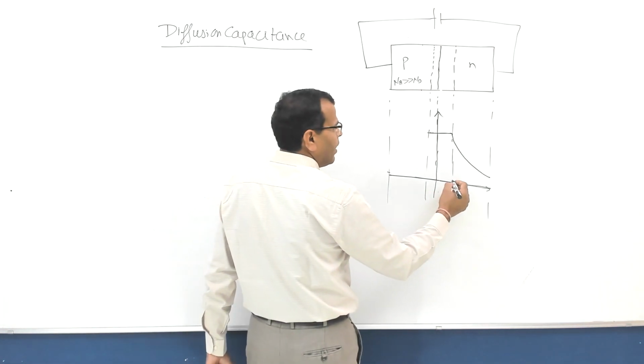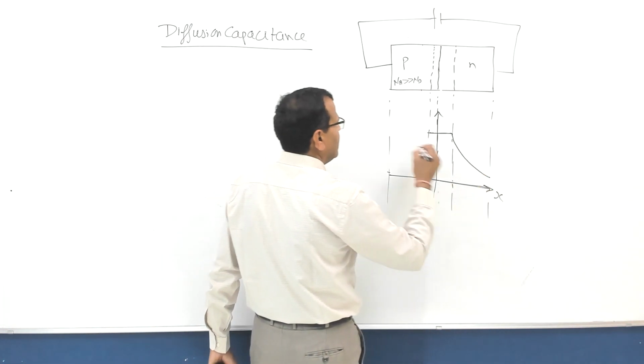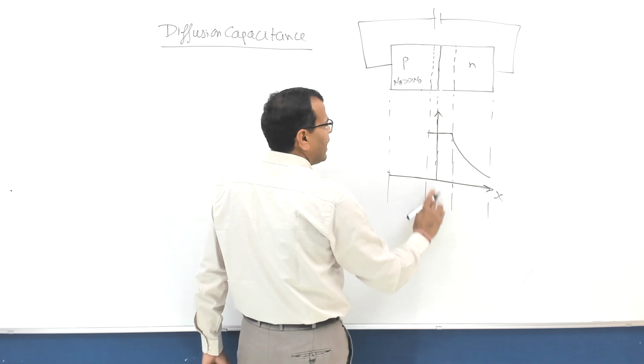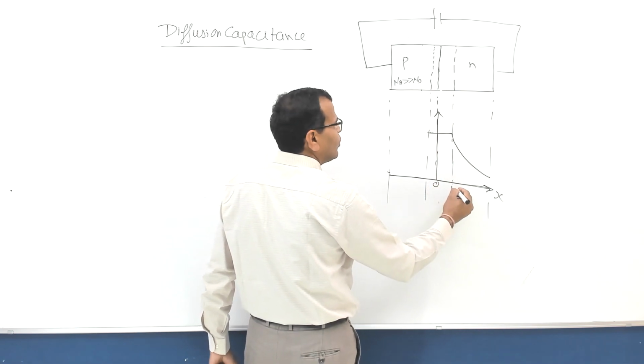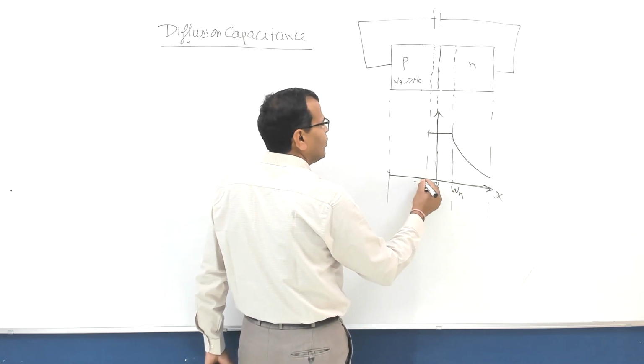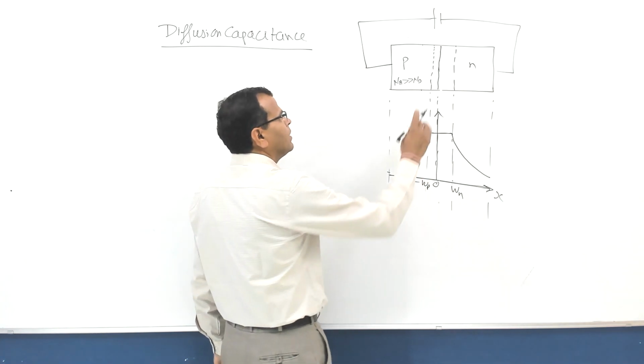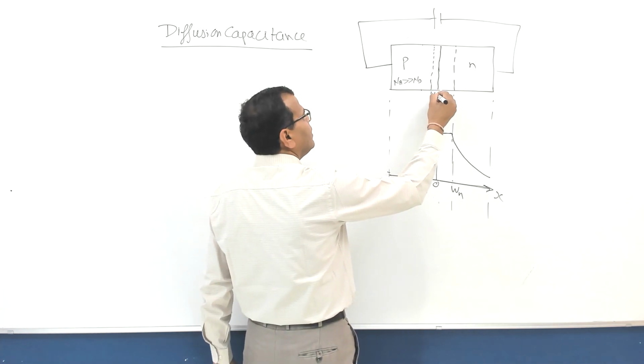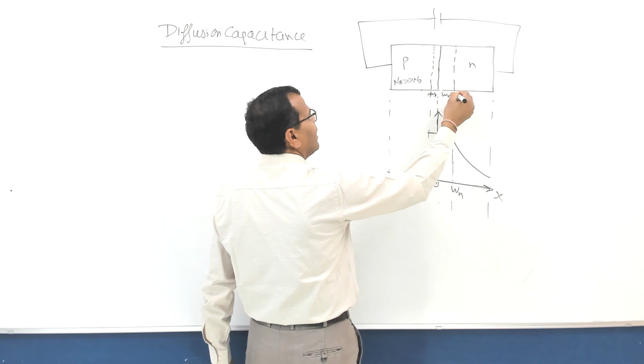This is W, this is X, fine. This is X equal to 0, this is X equal to Wn, this is X equal to minus Wp. This is Wp, this portion of it, this is Wn.